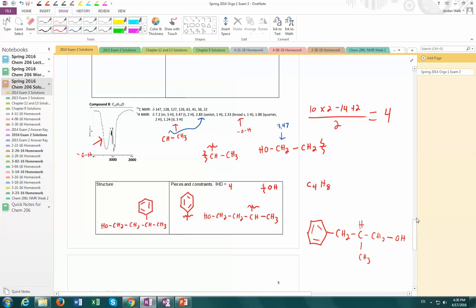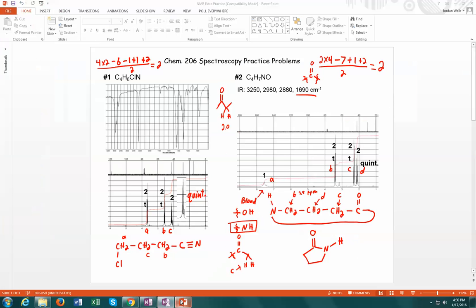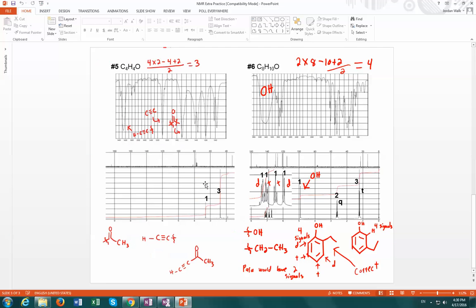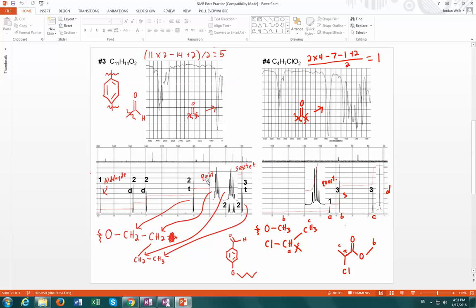Number 5 on your practice problems for the NMR, the April 4th one. On the cover sheet that you gave us, the alkyne is supposed to be a weak signal. But in this, it's really strong, I think. Which? Number 5.